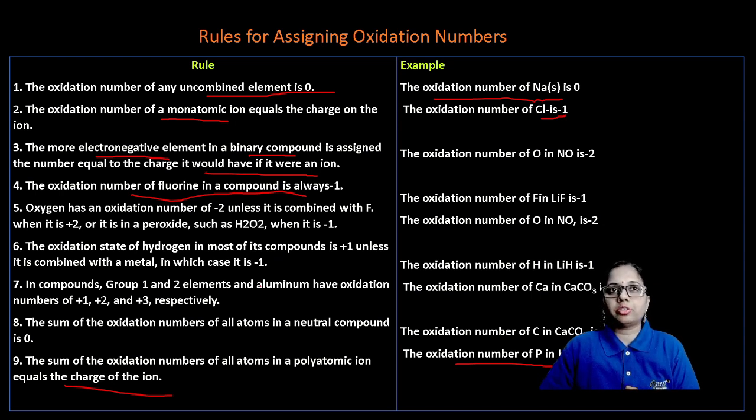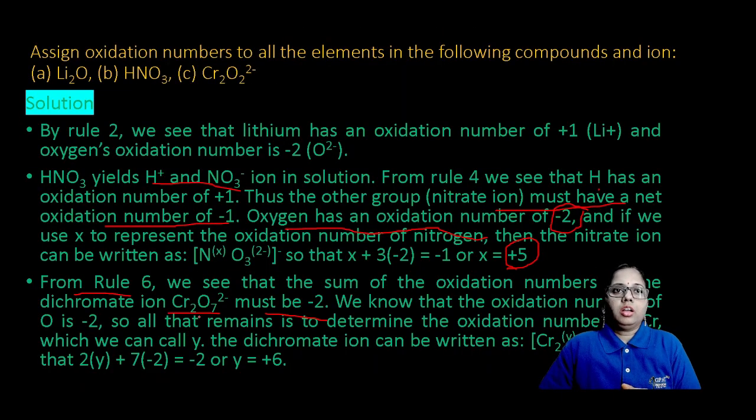Generally it is +1 only, but whenever it attaches to a metal, it gives -1. The oxidation number of oxygen is -2, so all that remains is to determine the oxidation number of chromium, which we can call Y.